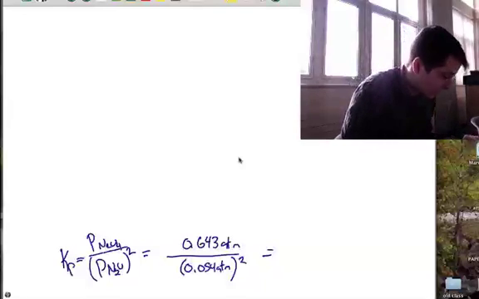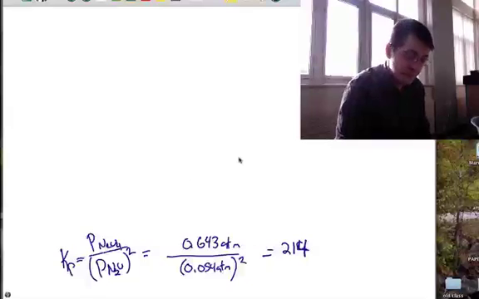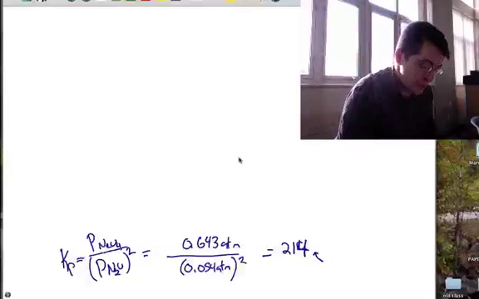Plug it into our calculator: 0.643 divided by 0.0547 squared gives us a value of 214. And the units? Judging by our description, this would be inverse atmospheres.